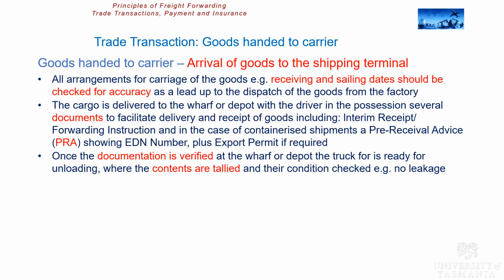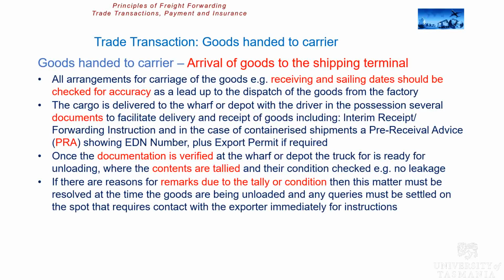Now, you'll be dealing with somebody who will then tally the contents and also, if appropriate, check the condition. In other words, if there appears to be some form of leakage out of the container, they're going to check that. Now, if there are some reasons the tally didn't add up, for example, it was supposed to be 19 packages and there are only 16, or perhaps the condition of the goods as they arrive, perhaps there's some level of damage.